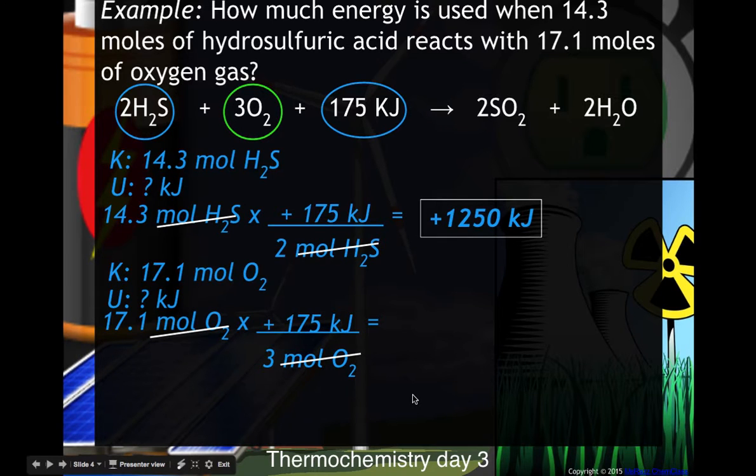I calculate that answer, do the calculations, and I should get a positive 998 kilojoules. So the oxygen is going to be my limiting factor. I don't have enough energy to do this reaction here. So when you're limited like this, you need to figure this out so you can figure out how much product you're going to get. This amount will be used.